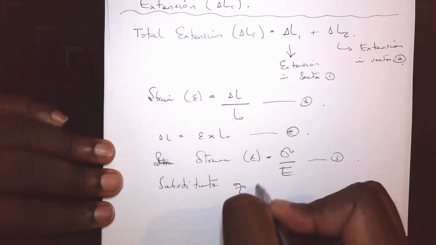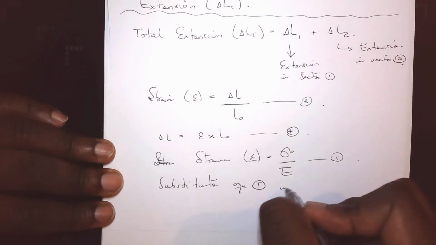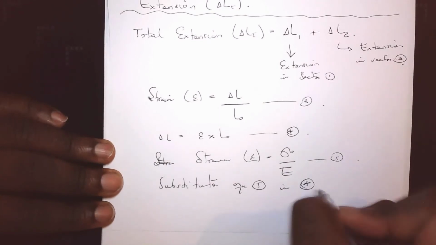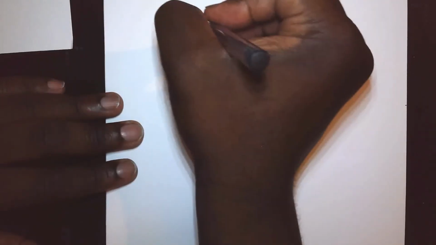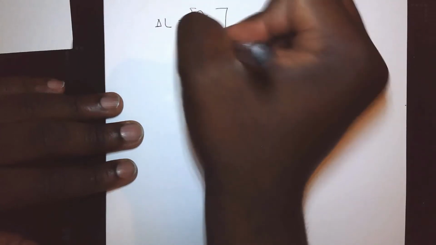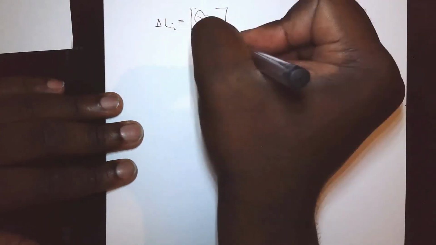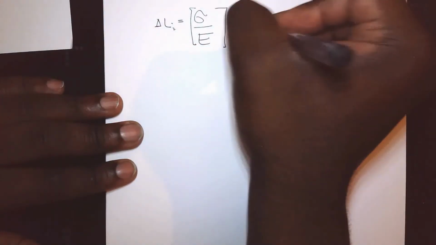Let's call that equation 5. We can substitute 5 into 4. If we do so, we'll have delta L is equal to sigma over E, with respect to each section, times the original length.